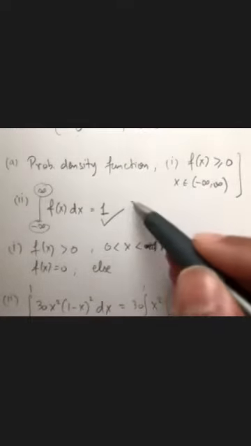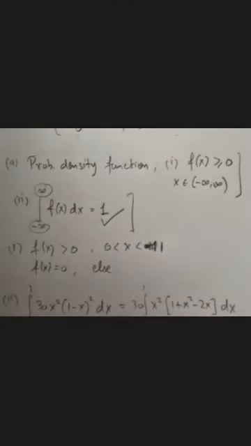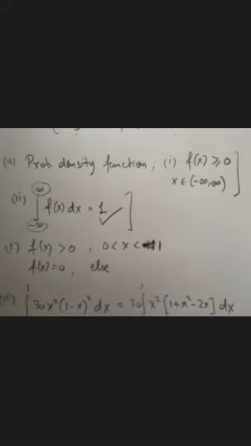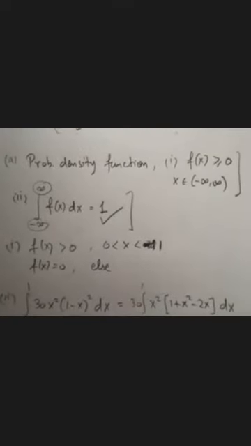So this is the first property, and this is the second property. So the first property, that f of x is greater than or equal to 0. So we see that c has to be positive. So to satisfy the first property, c is greater than 0. Or we can say greater than or equal to 0, but if c is equal to 0, then f is 0.